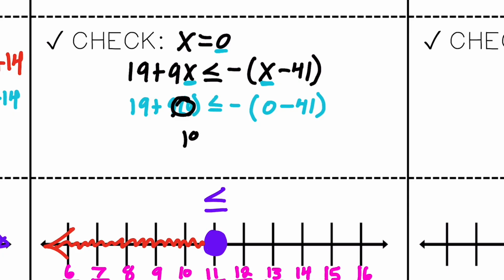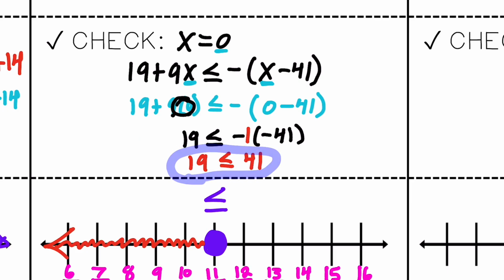And I'm left with 19 is less than or equal to negative parentheses 0 minus 41, which is negative 41. And something pretty interesting happens here, guys. We have a negative times a negative, because technically this is negative 1 times negative 41, and that's going to give me a positive 41. And let's see, is 19 less than or equal to 41? In this case, it is. So this holds true.